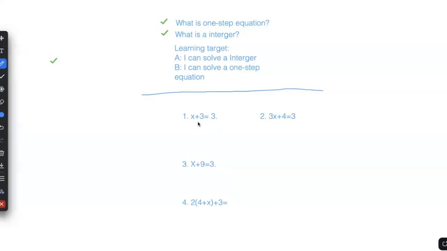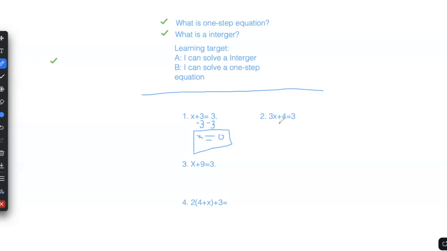Now we're gonna subtract 3 here. X is equal to 0. This time we're not gonna do step unless you want to. This one is kind of weird, but we will have to do 2 steps, just so you know.